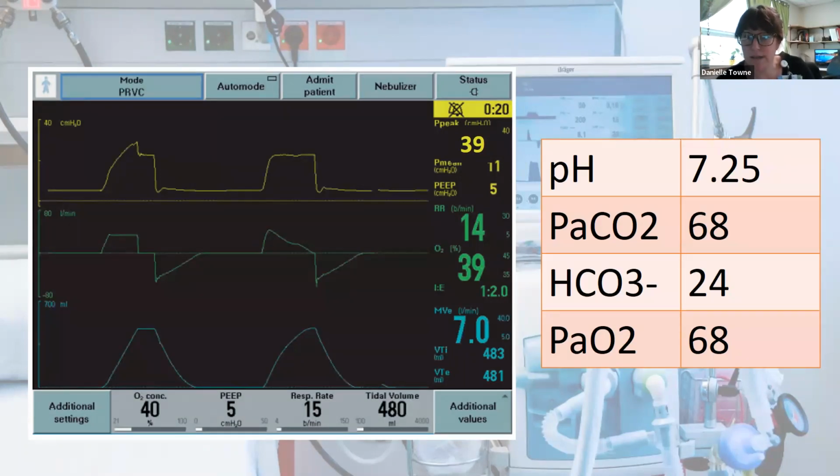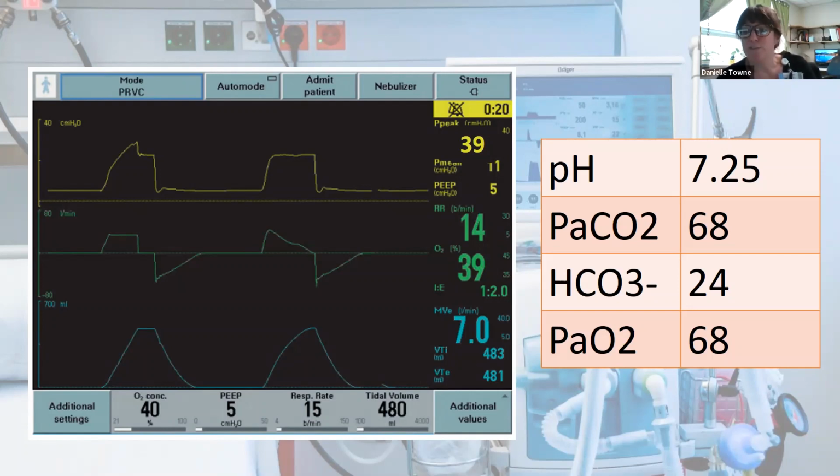Our PaO2 is 68. So that tells us that we also have an oxygenation problem on top of our ventilation problem. We know we have a ventilation problem because we're in uncompensated respiratory acidosis, but we also have an oxygenation problem. So I don't know if you remember, we went over this a little bit in the ABG lecture. Normal PaO2 is between 70 to 100 when a patient is at 21% FiO2.